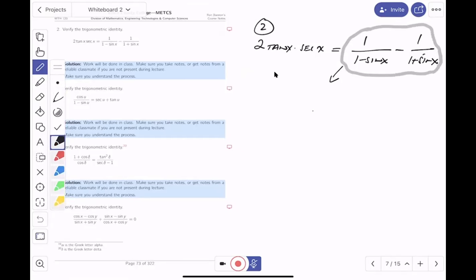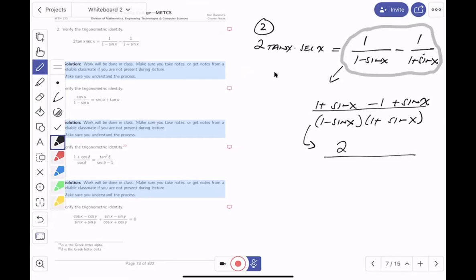One step at a time, common denominator, 1 minus sine x, 1 plus sine x, 1 plus sine x minus 1. Now minus a minus would be plus sine x. Let's keep moving. What do you get on top? 2 sine x. What do you get on bottom? Well, pretty simple multiplication.